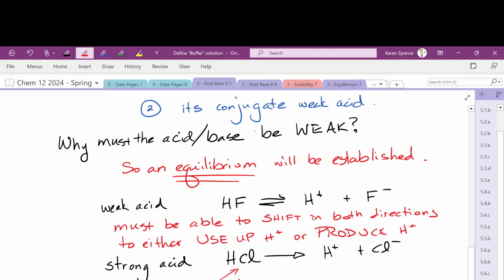Whereas if you have a strong acid, it can't shift. Too bad, just can't.